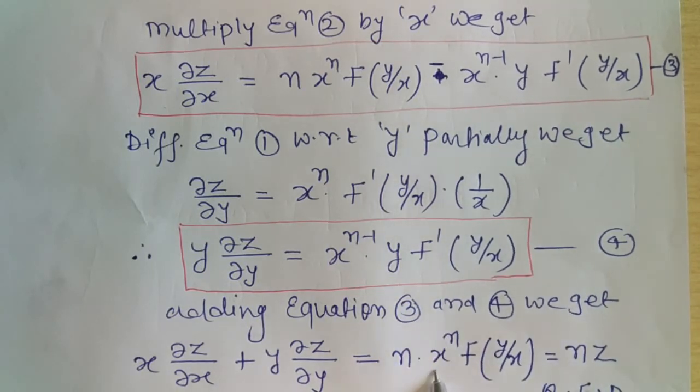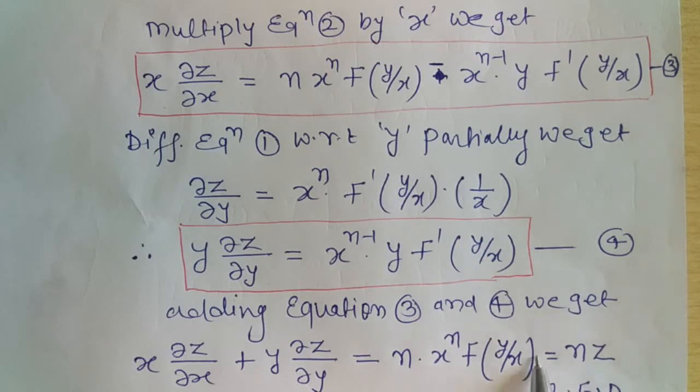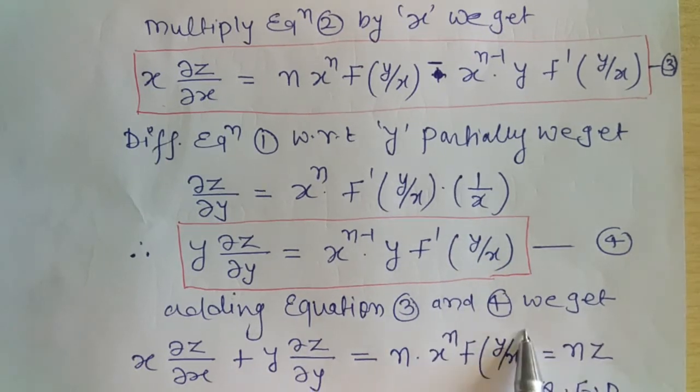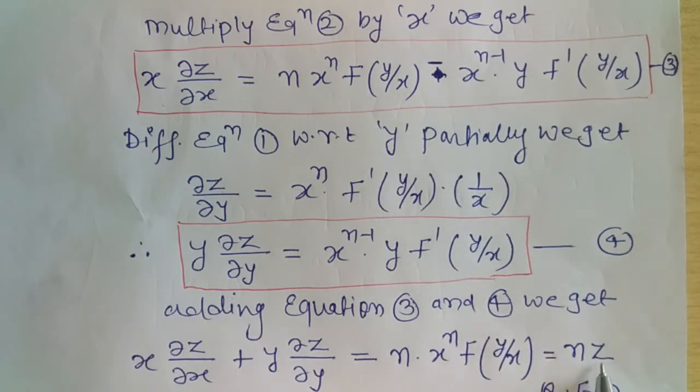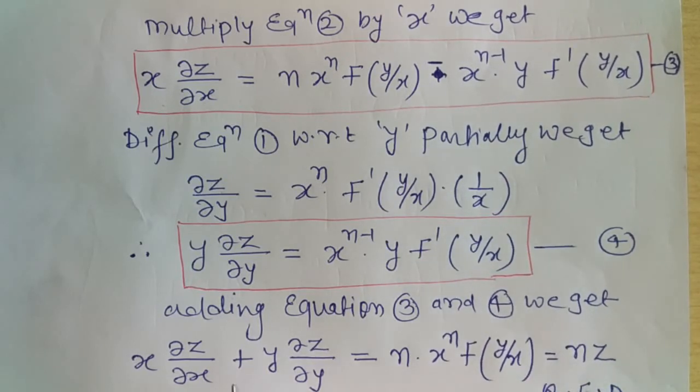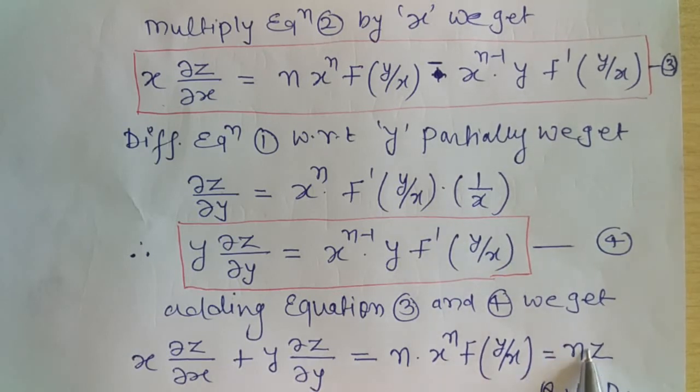Now this x power n into function of y by x, this is our given function z. So we have nz. This is the proof of Euler theorem, that if z is a homogeneous function of x, y of degree n, then x del z by del x plus y del z by del y gives n times z.